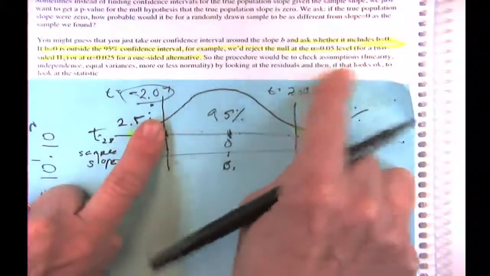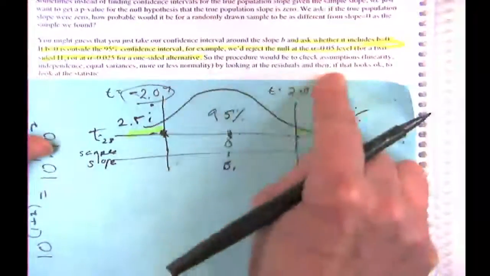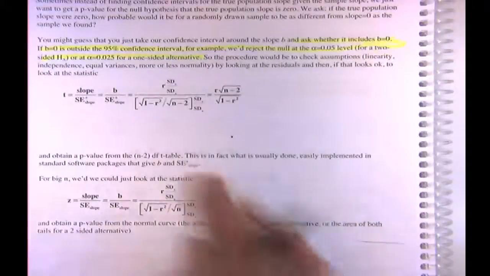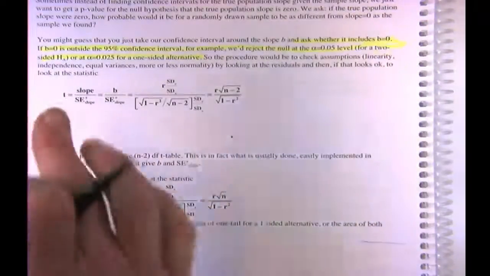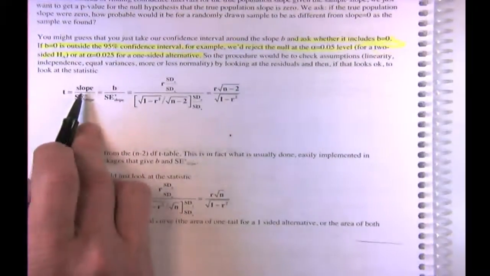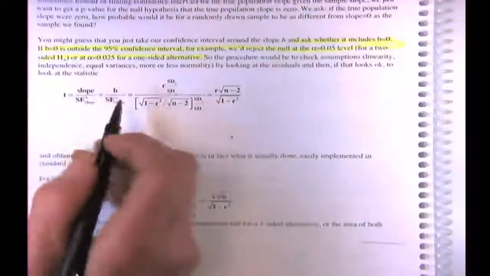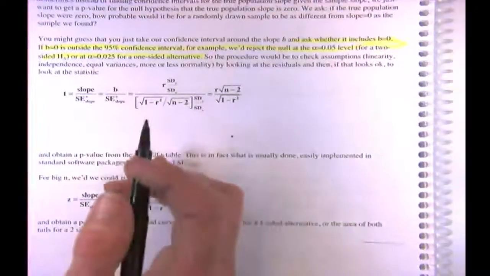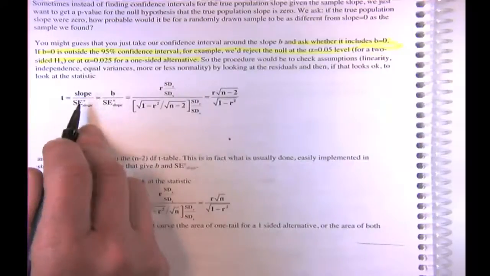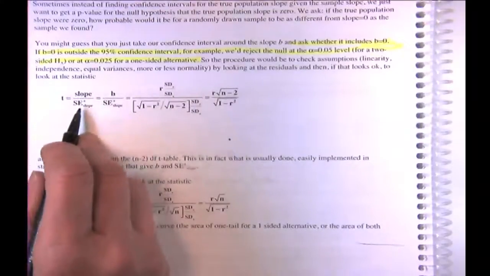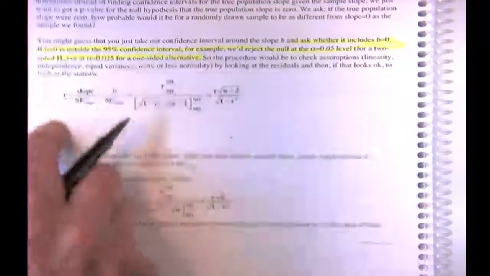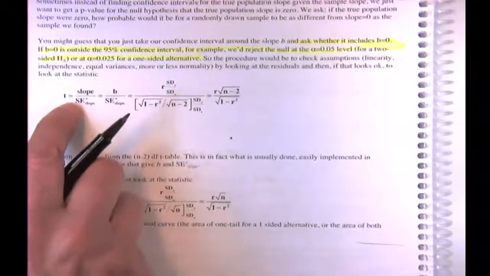All right, so the procedure would be to check the assumptions and then look at this statistic. You're just standardizing it to a t-stat, and it follows the t-distribution, right?